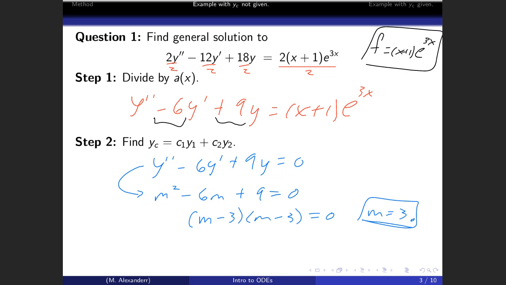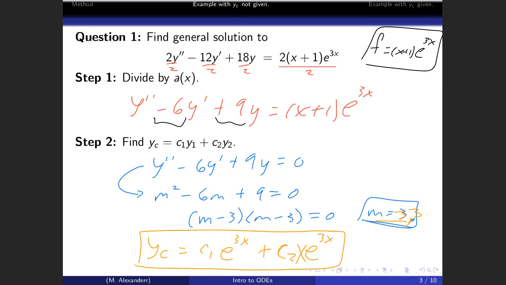That means that the complementary solution, and I'll write this in gold, is going to be C1 times e to the 3x plus C2 e to the 3x. But since this is repeated twice, and let me actually write down the 3 again, so 3 comma 3 is repeated twice, that means that your second solution is going to have an extra x on it. To get that, you use the reduction of order, if you remember.